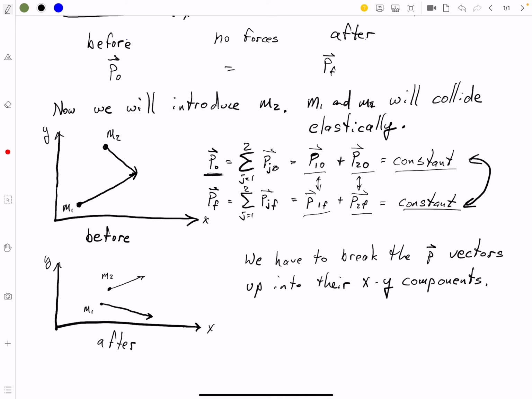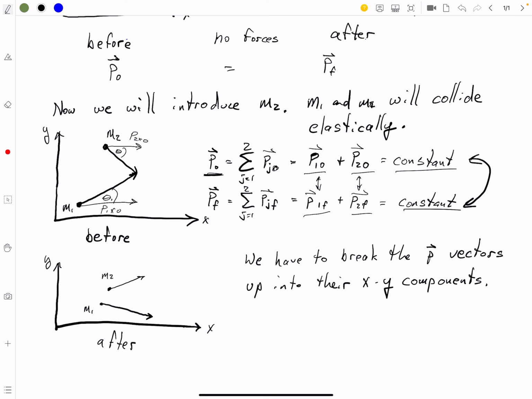So let's come on over here, and we're going to do some angle theta there. We've got our P2X initial, and we've got P1X initial and some theta. Oh, we need numbers on that.